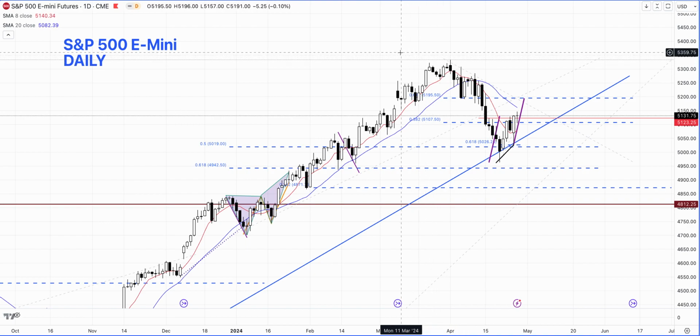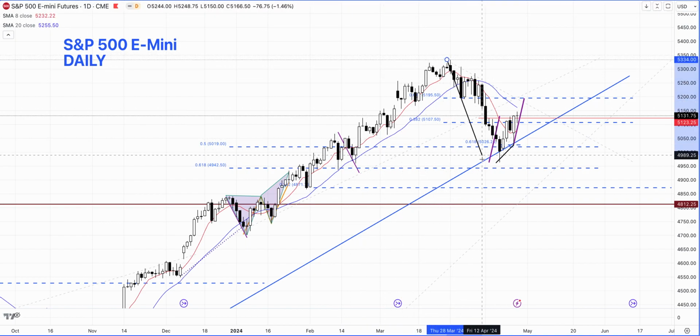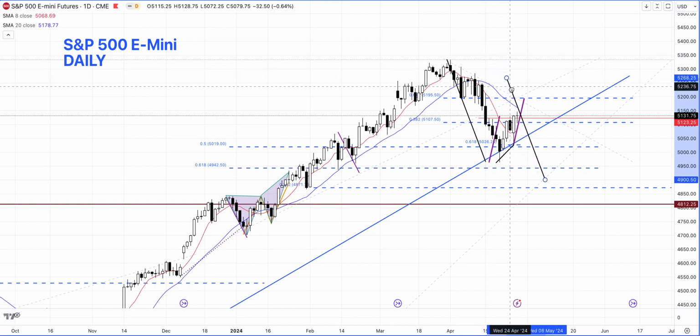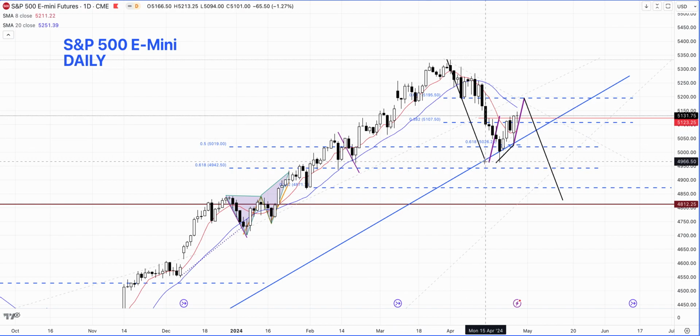And if that turns out to be the case, then what we were watching on the S&P 500 cash market, we just try to, assuming that will be the high, make an ABCD formation here. There we go.